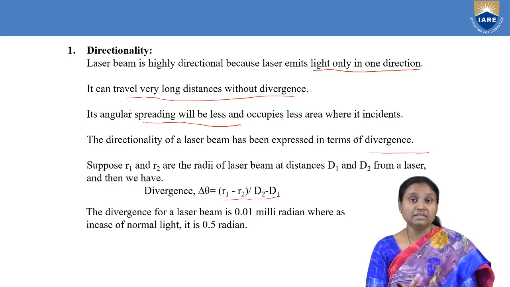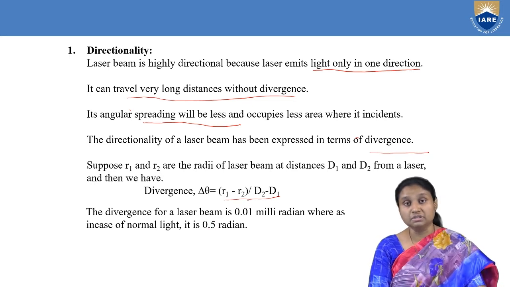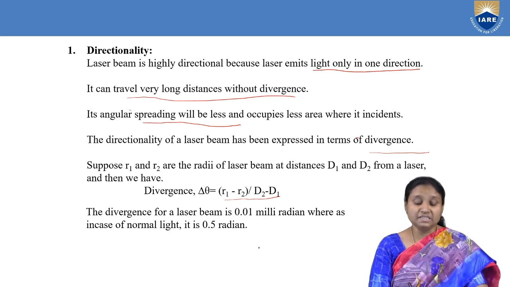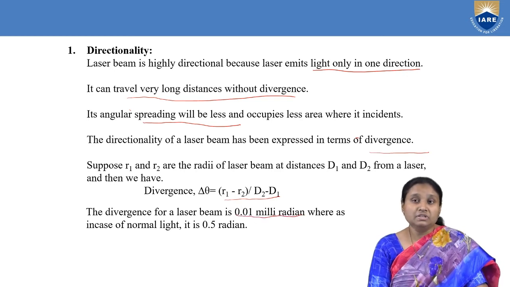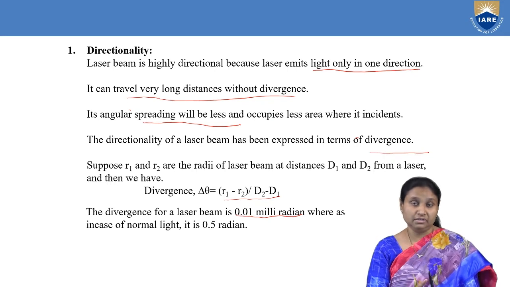Once we know the radius at two different distances, we can calculate the divergence of light using this formula. It is observed that divergence for laser is very, very small, about 0.01 milliradian, whereas for normal light it is 0.5 radian.